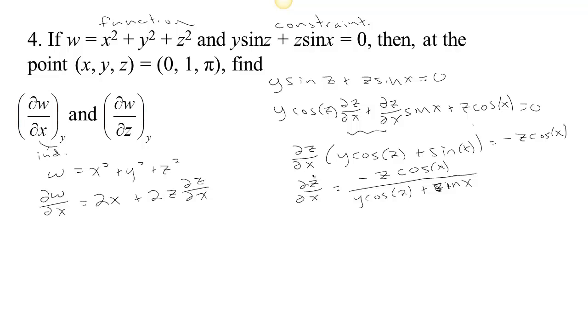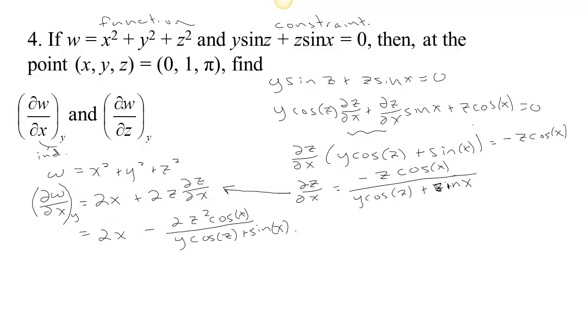Okay, so I used the constraint, assuming that x and y are independent, to get dz/dx, which I can now substitute in here. So we're going to get 2x, and we have 2z times this, so that's going to make minus 2z squared cosine x all over y cosine z plus sine x. Nice. So that is the way that W changes with x when y is also independent.